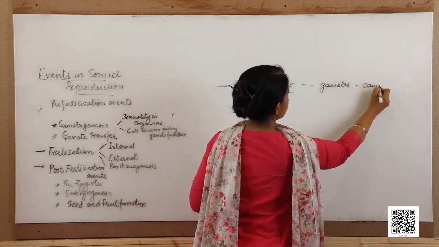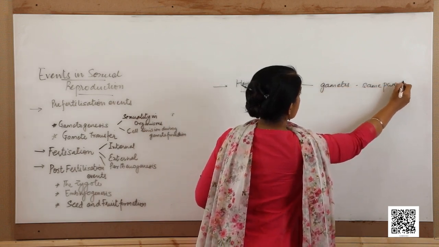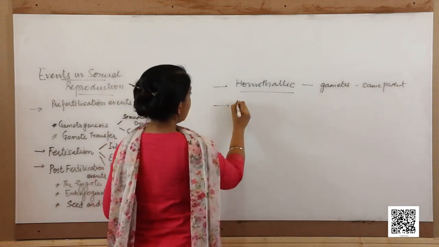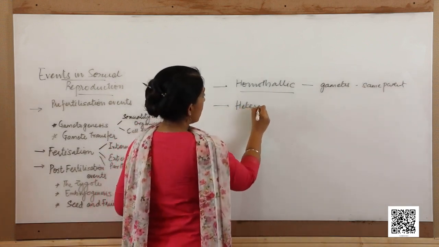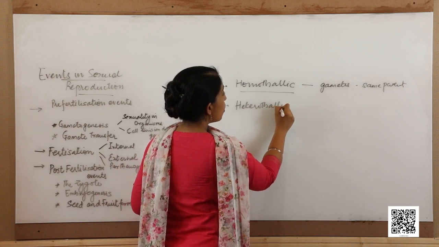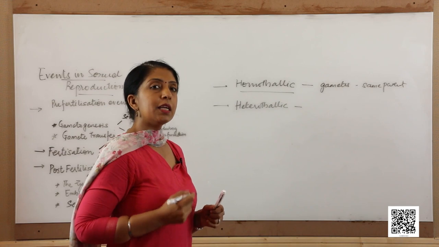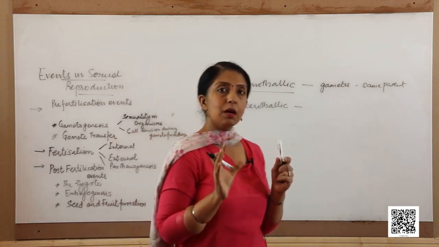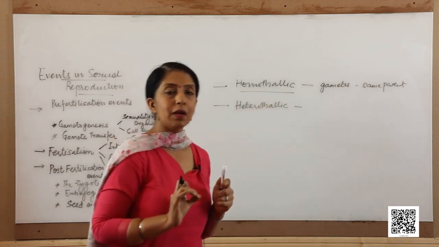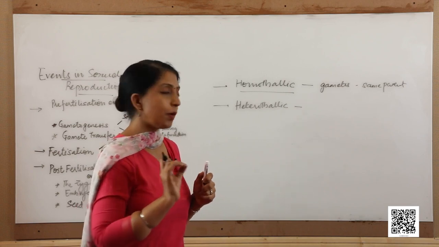Then the second are heterothallic. Heterothallic are those organisms in which the gametes may be derived from similar parents, but there is a physiological difference in the two parents.